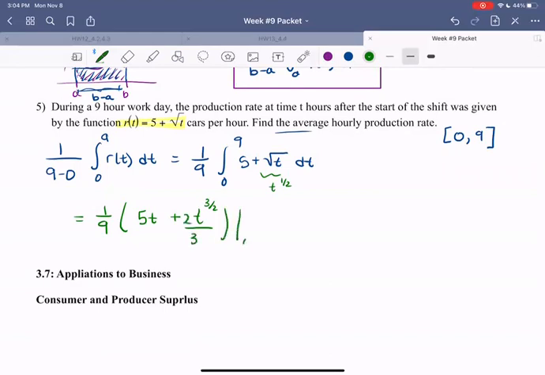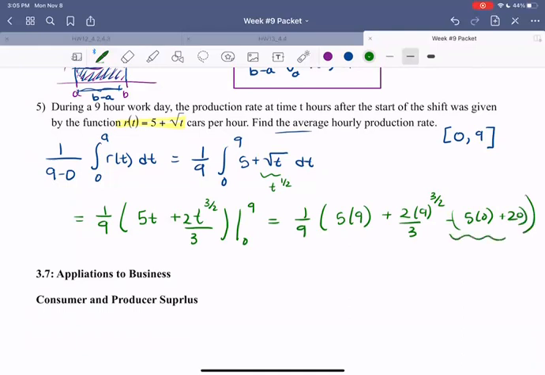Now that's going to be evaluated from 0 to 9. So we first plug in 9, so 5 times 9 plus 2 times 9 to the 3 over 2 over 3. Then we subtract 5 times 0 plus 2 times 0, which all just becomes 0.